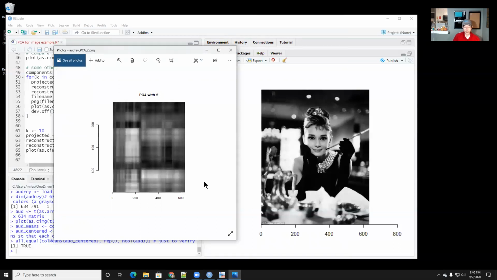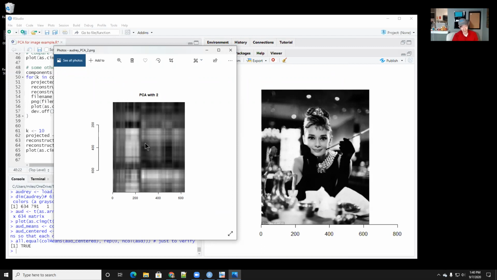When you keep two principal components, this is the image that results. Remember, what PCA is trying to do is capture as much variation as possible with the values that we have. And so you can see the broad structures.